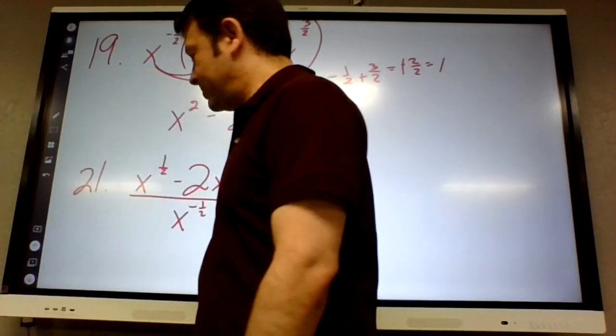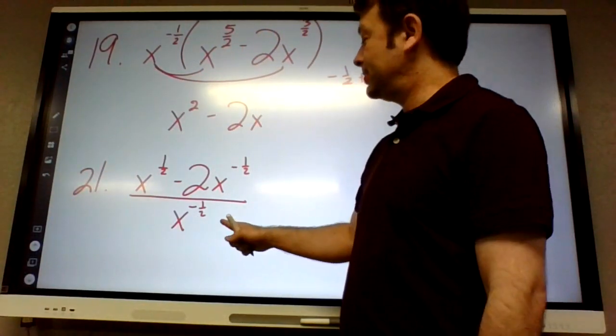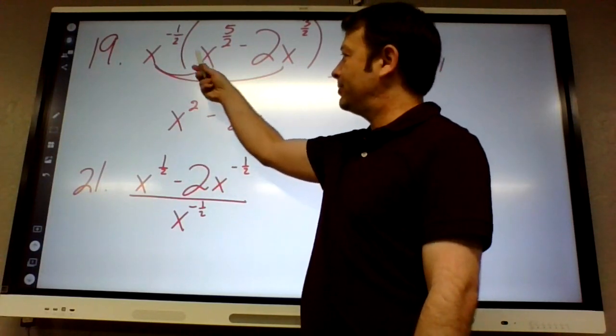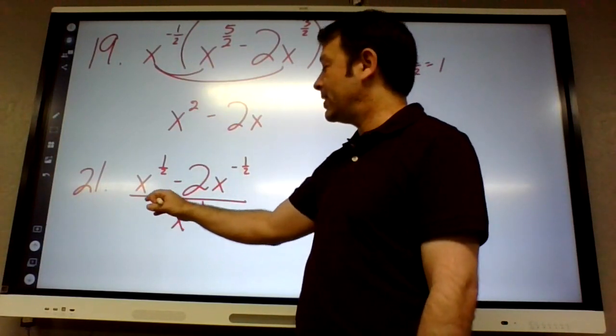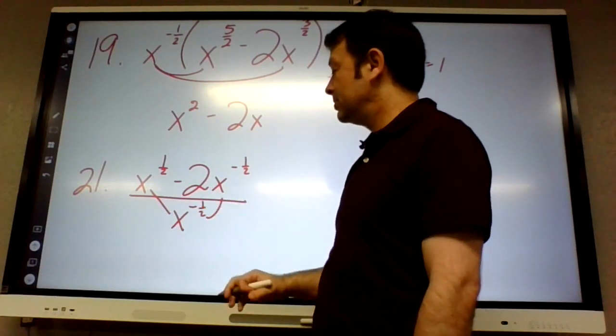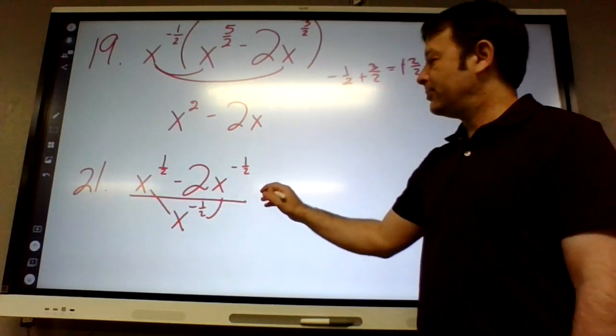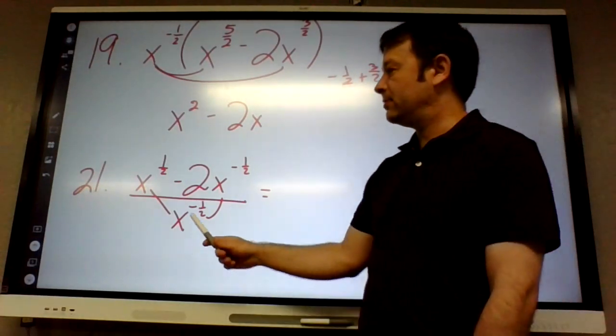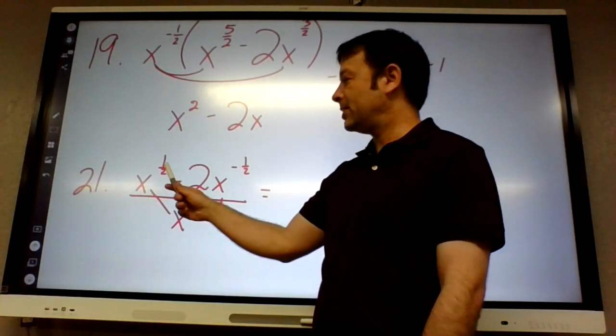Okay, how do I do this one? Well, this is actually the distributive property also. It's kind of like 19, but instead of multiplying it out on both of those, you have to divide on both of those. So, how do we divide with exponents? What do we do with the exponents? We subtract the exponents.